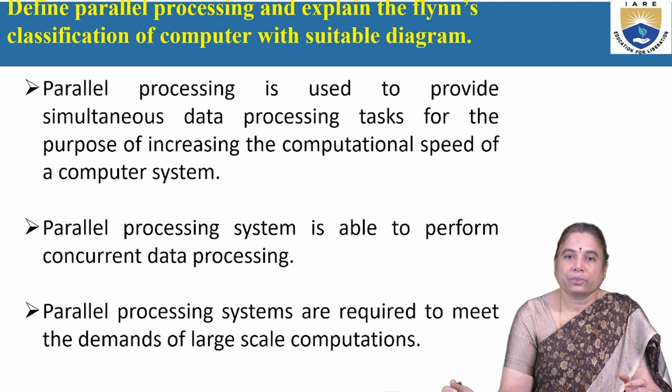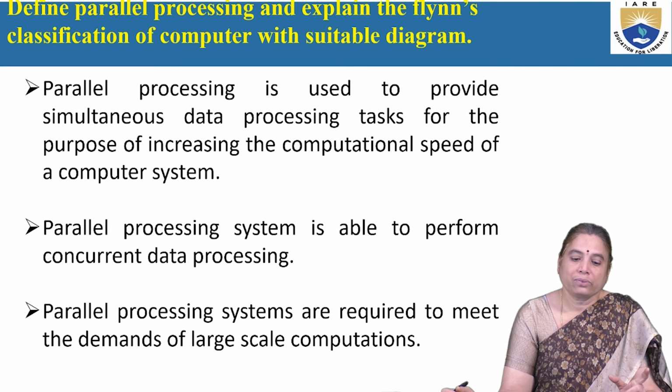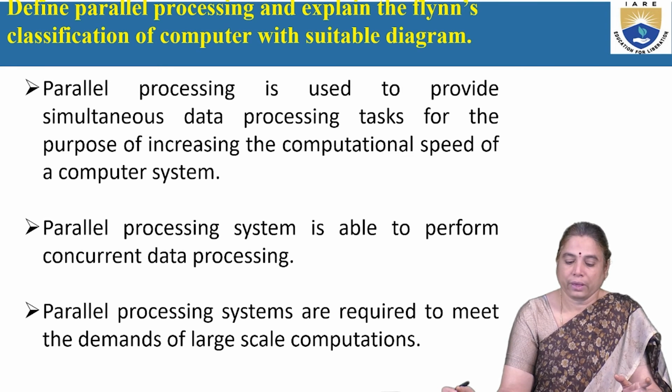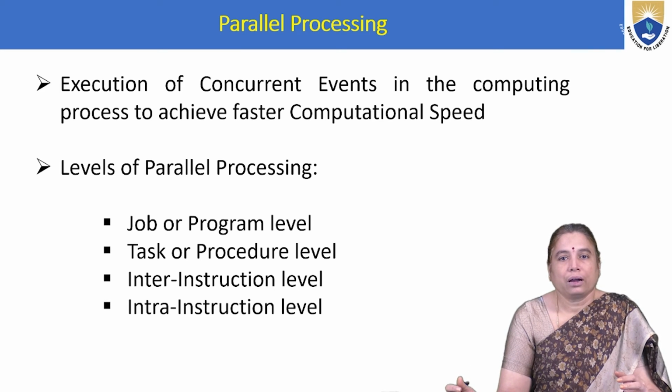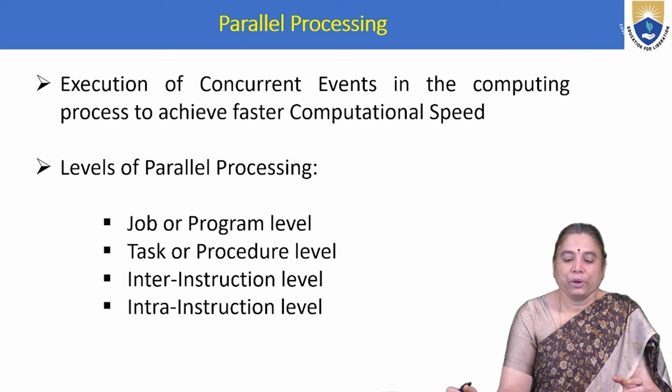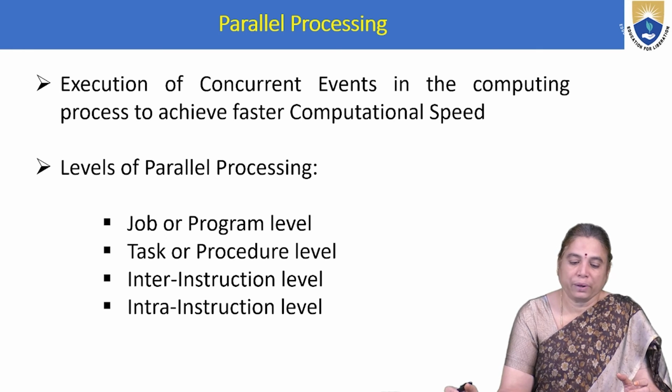Multitasking and multiprocessor systems can be used as parallel processing. One of the major characteristics of a multiprocessor system is that it must support parallel processing, executing concurrent tasks to achieve faster computational speeds.